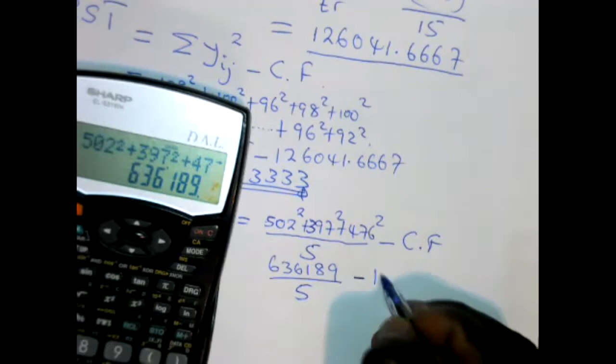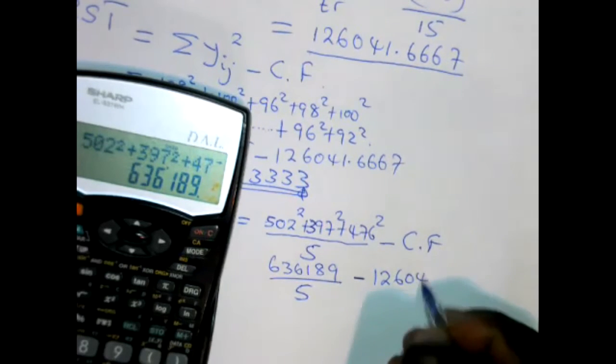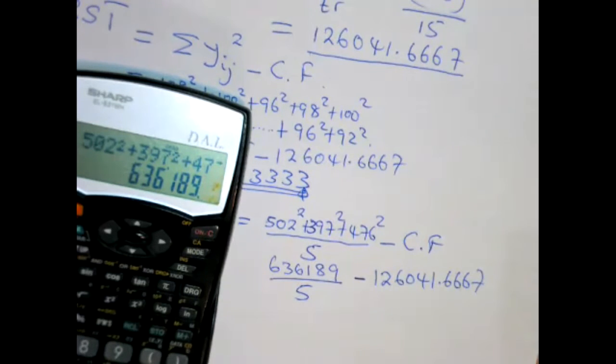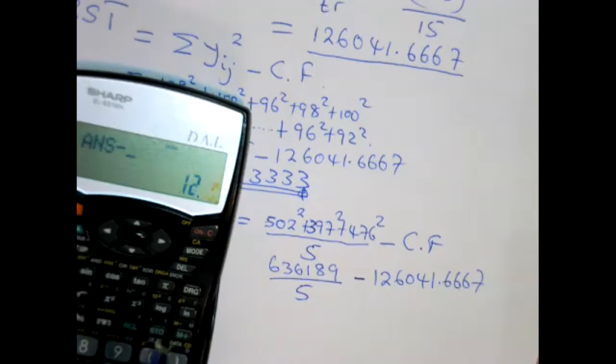Don't forget that our correction factor is 126041.6667. That is the number that we got there. So I'm going to divide this by 5 minus 126041.6667.